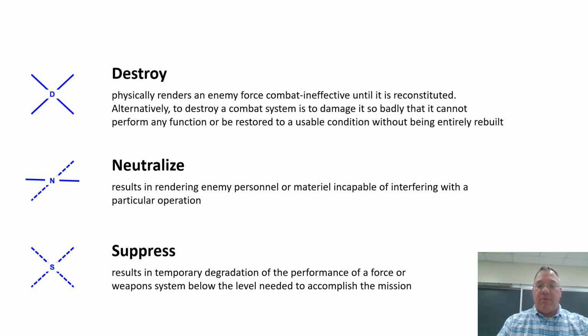Now, when we suppress an enemy, it's not our mission we're worried about, it's their mission. Suppressing an enemy is degrading them to the point that they can no longer achieve their desired enemy mission. That's the big difference. Neutralize has to do with not interfering with us, and suppress is making them unable to do their own. And then destroy is just they don't exist anymore.